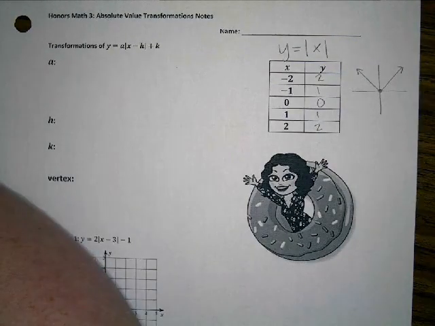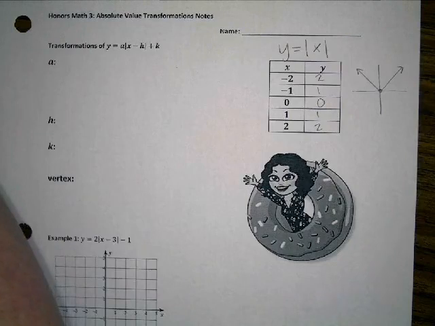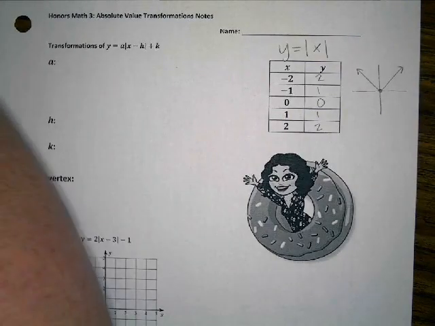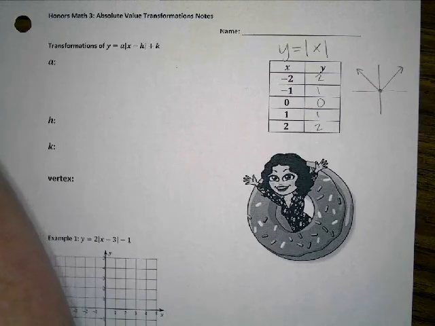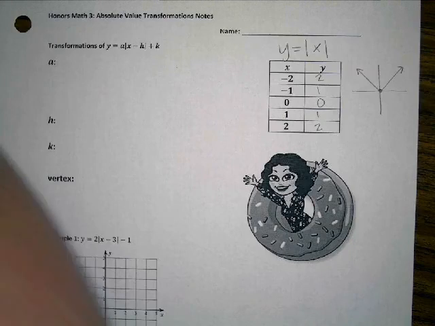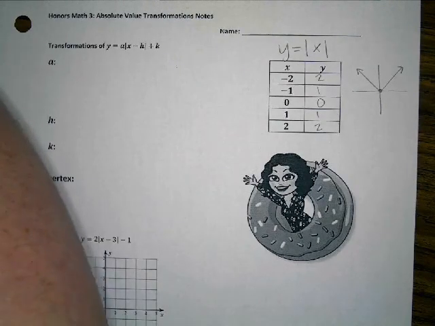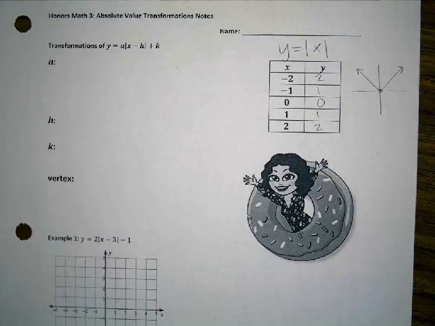I'm going to go back and delete the stuff that we just plugged in there. I'm going to type in y equals A, and then I'm going to do my absolute value. x plus h, and then I'm going to get past the absolute value sign, and I'm going to write plus k. So A, absolute value, x plus h, and then plus k.